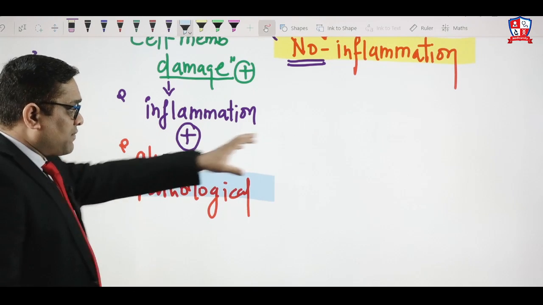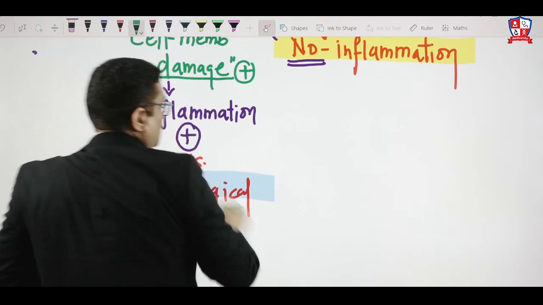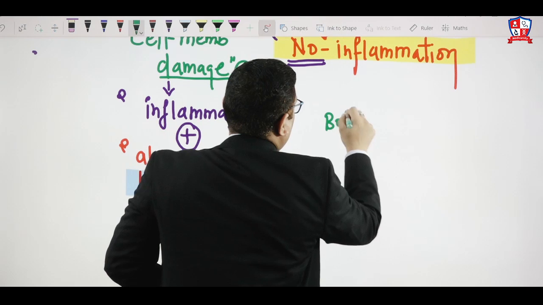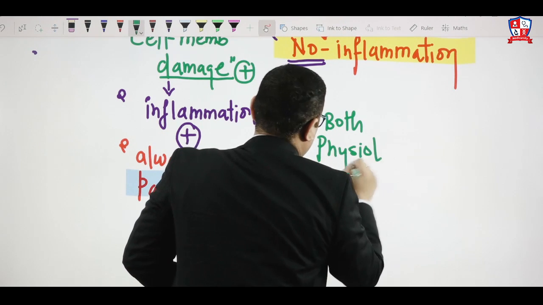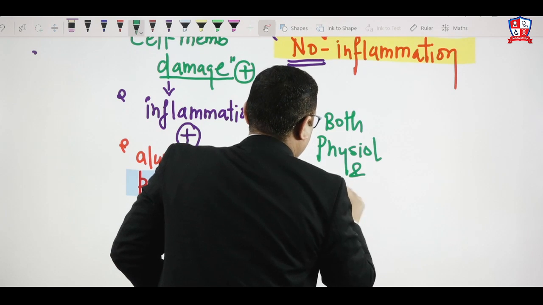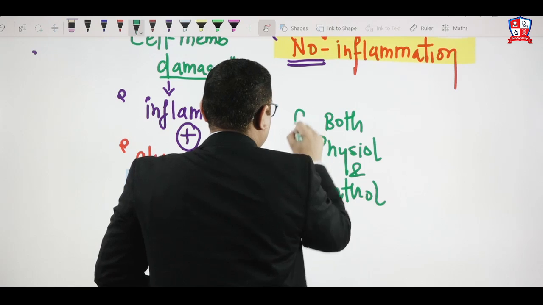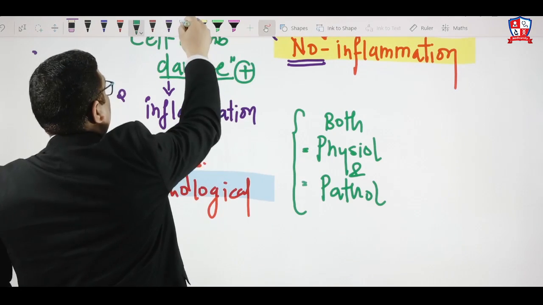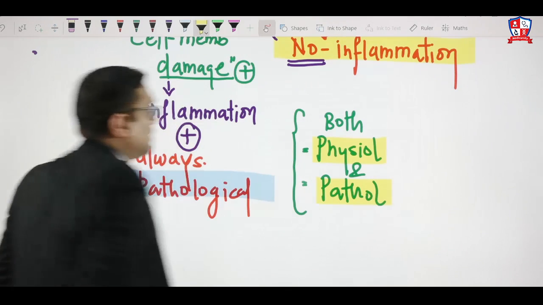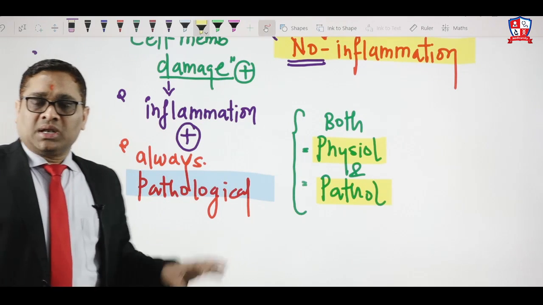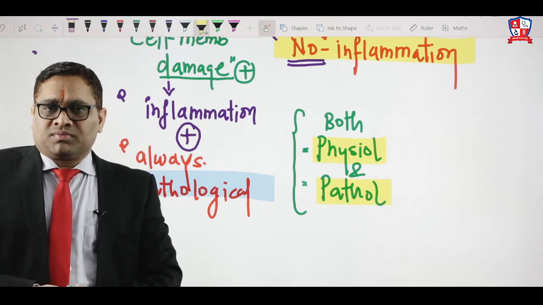But when we discuss apoptosis, apoptosis is both physiological and pathological. This is very important to understand: apoptosis is both physiological and pathological, whereas necrosis is only pathological. This is how we can understand this topic of necrosis.